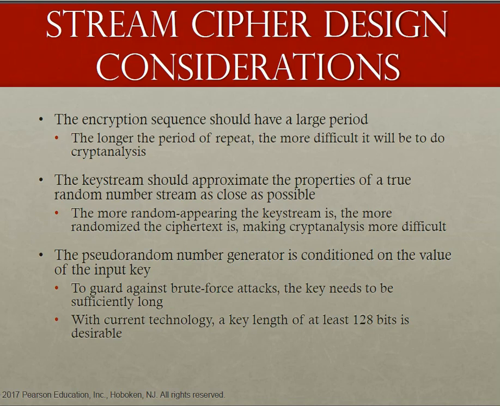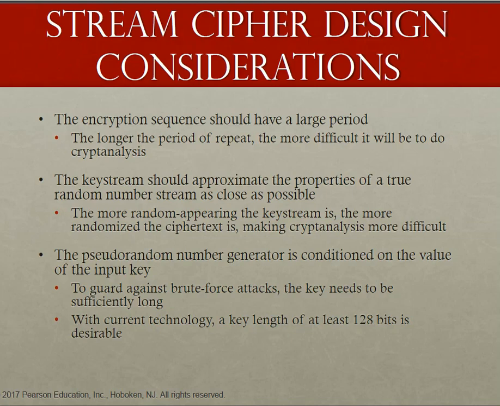If the key stream is treated as a stream of bytes, then all of the 256 possible key values should appear approximately equally often. So the more random appearing the key stream is, the more randomized the ciphertext is, making it more difficult to cryptanalyze. On number 3, note from figure 2.7, which we referred to last time, the output of the pseudo-random number generator is conditioned on the value of the input key.